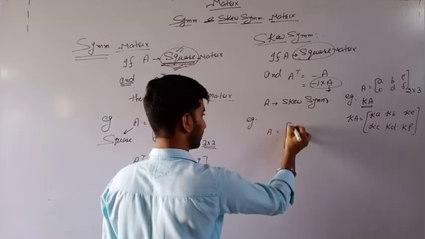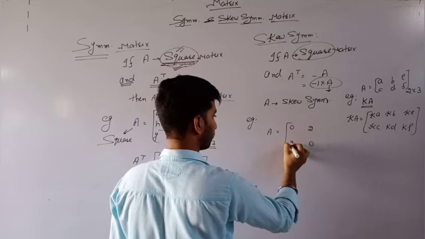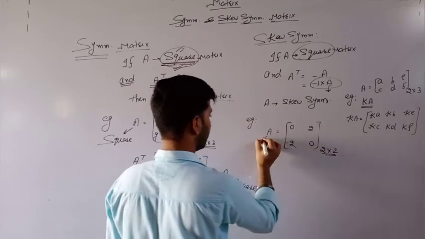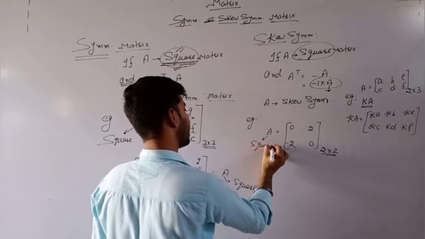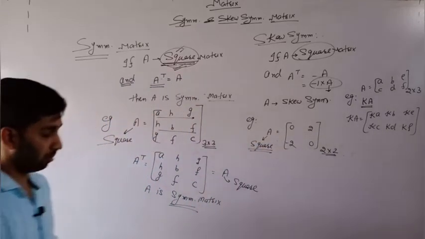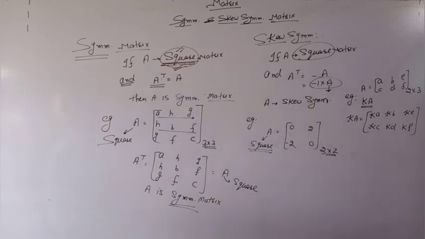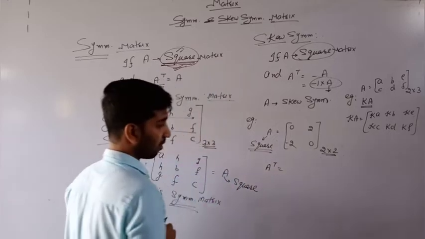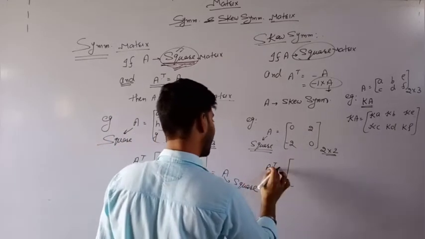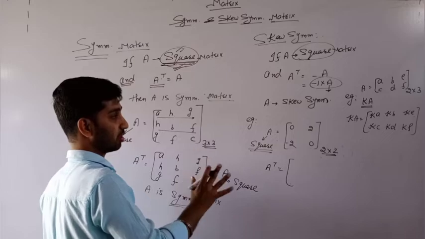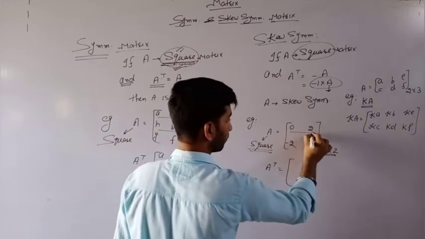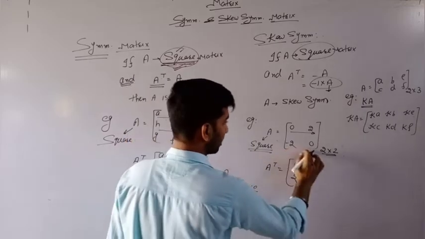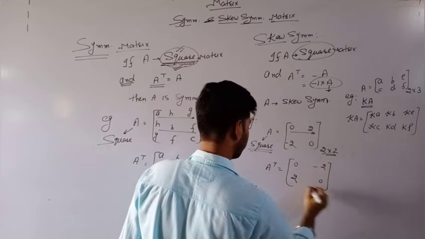For example, A is a matrix of order 2 by 2, which means A is a square matrix. It is a must condition for symmetric and skew symmetric that the matrix be square. Now we find the transpose. Transpose of any order of matrix is obtained by interchanging the rows and columns. The first row changes into the first column, the second row changes into the second column.